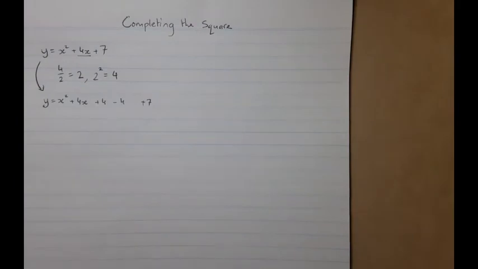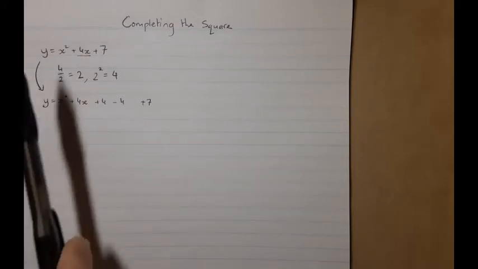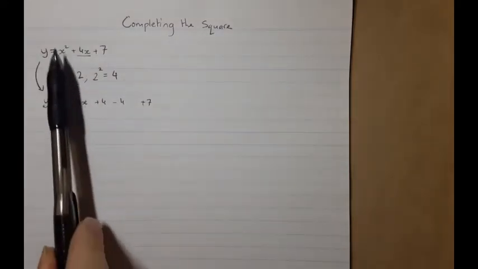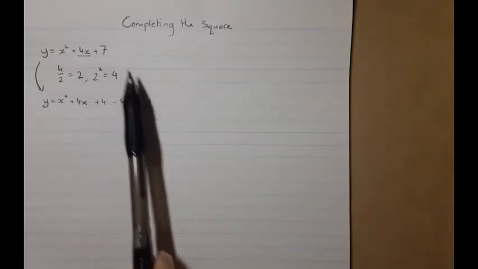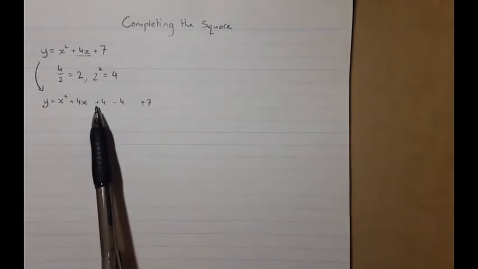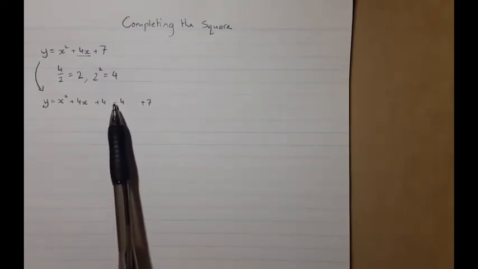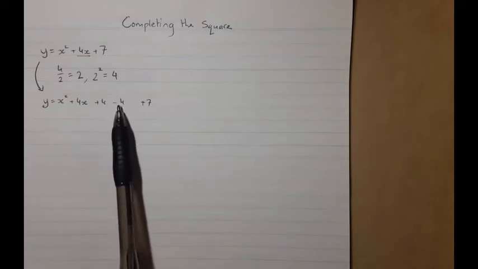Now you might be looking at that and thinking, well, that's not the same equation, is it? And actually it is. If we look at it, we've got x squared plus 4x, they're both the same, plus 7, they're both the same. This second time we've written it out, we have plus 4 and minus 4, two extra terms, but they actually add up to 0.